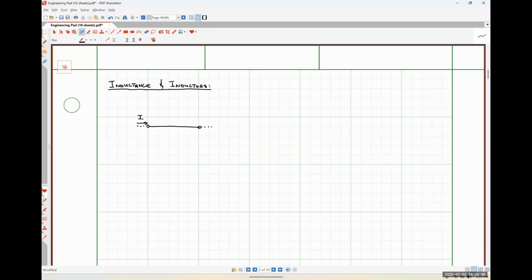Essentially, any time that we have current flowing around any path, the movement of electrons is going to cause a magnetic field to occur. And the right-hand rule tells us that if our thumb is in the direction of current flow, then the fingers on our right hand will curl around and tell us the direction of our magnetic field.